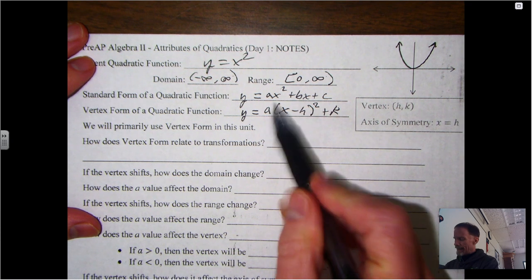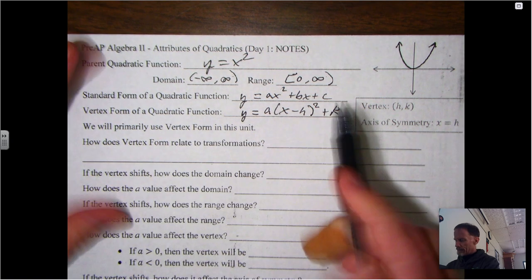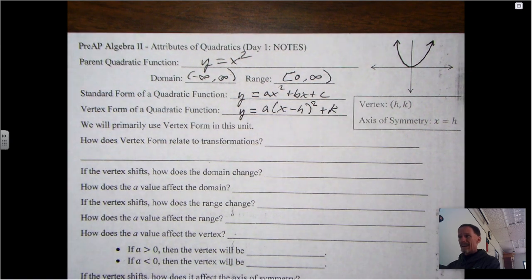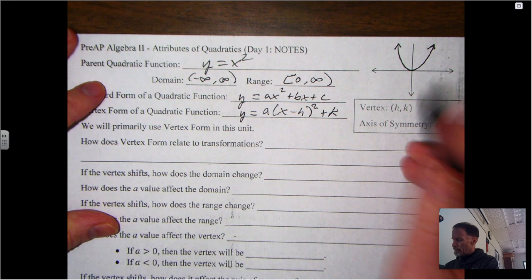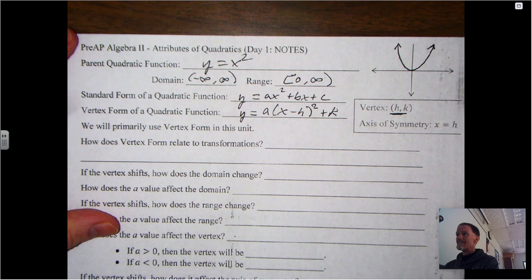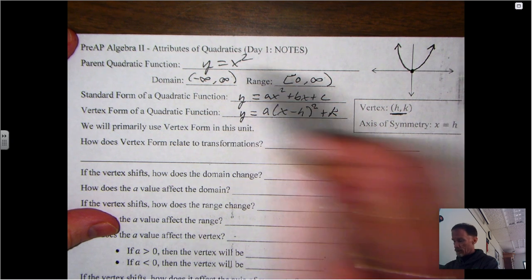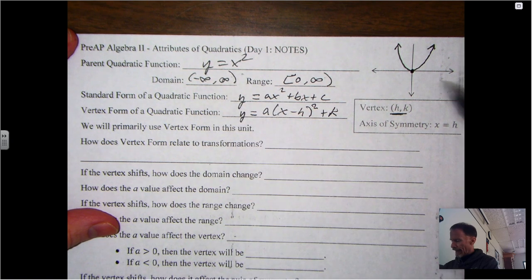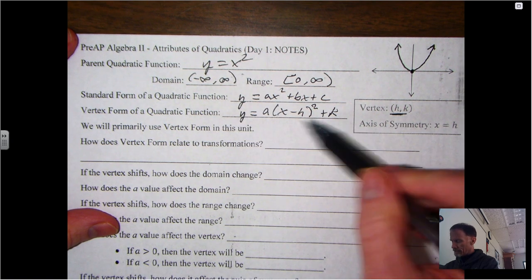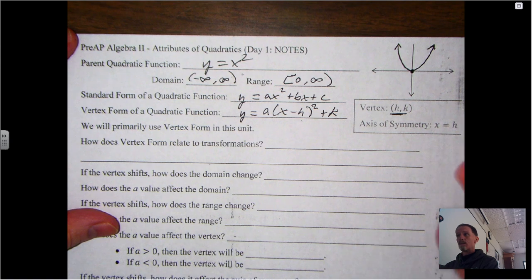We know what a does, and the h and the k. The reason it's called vertex form is that the vertex is the point h, k. So if my vertex is 0, 0, that's why it says y equals x squared. Wherever the vertex is, left, right, up, down, we can write it in that way.